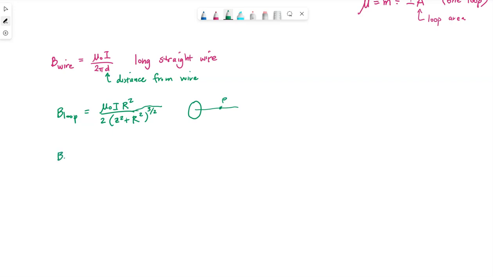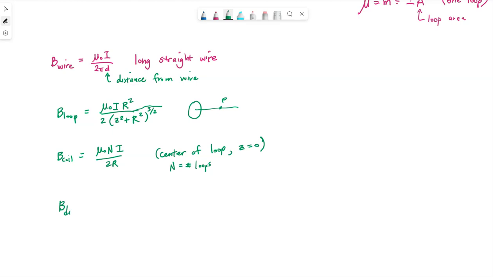B of a coil is just at the center of the loop, meaning z is 0. And then n is accounting for the number of loops or turns of wire.